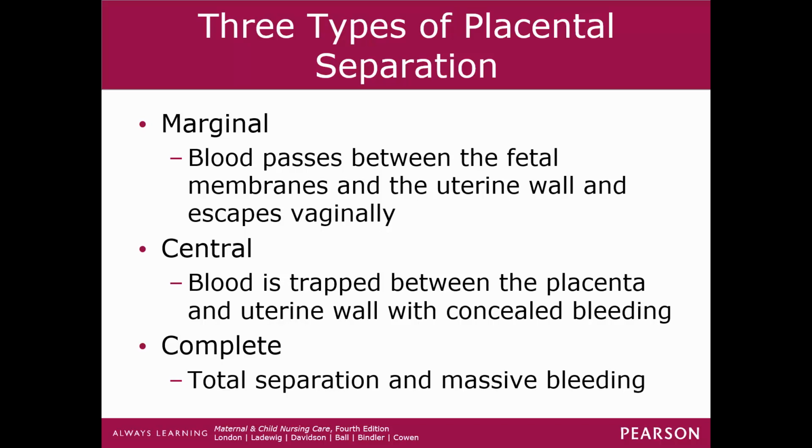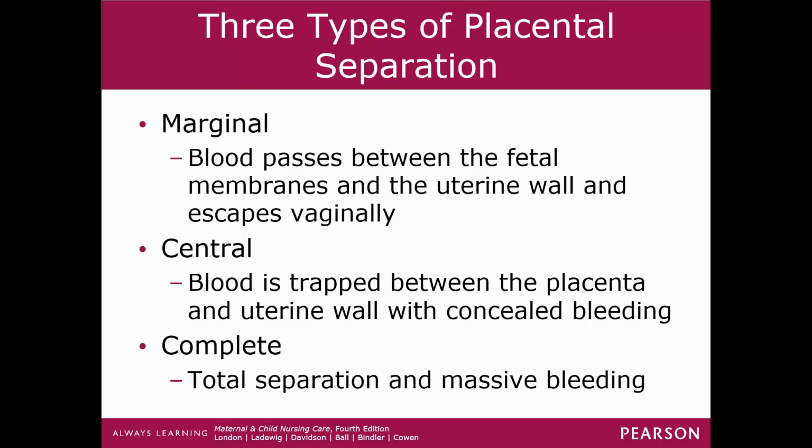Now there are 3 different kinds of placental abruptions. There's the marginal, central, and the complete. So the marginal is, there is a small area of the placenta that lifts away from the uterus, and she is bleeding from that part that has lifted away. The rest of the placenta is still adhered to the uterus.